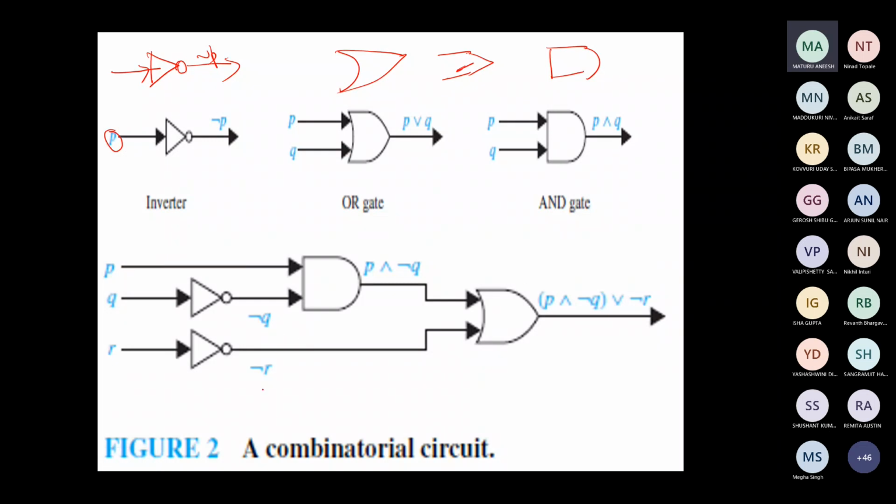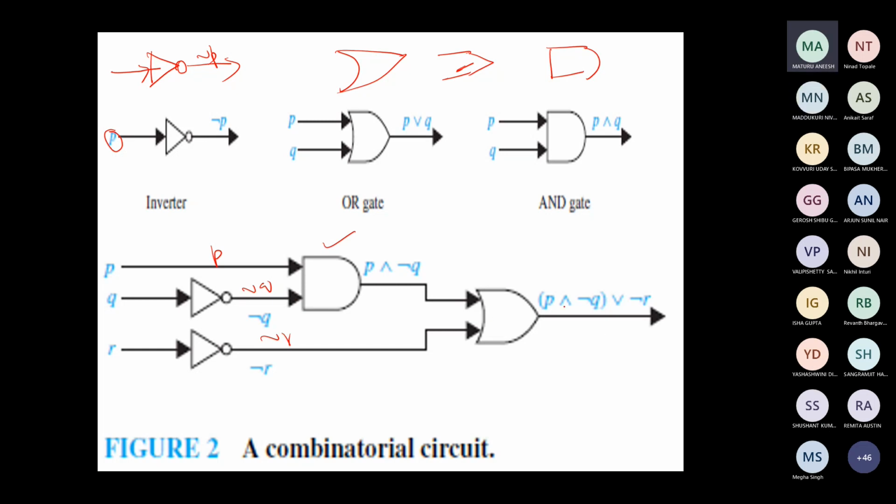We are checking what is the output of this particular circuit, right? P is there. So here P goes, and this is not Q, and this is not R. So P and not Q is connected using what? This is the AND symbol. So P and not Q. And not R, both are connected using OR.